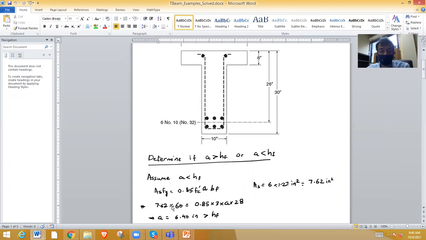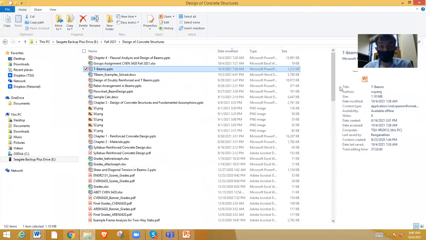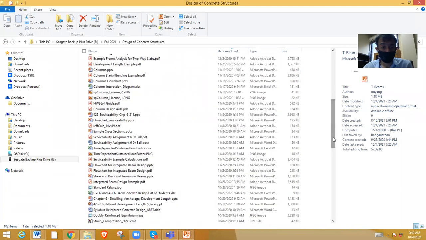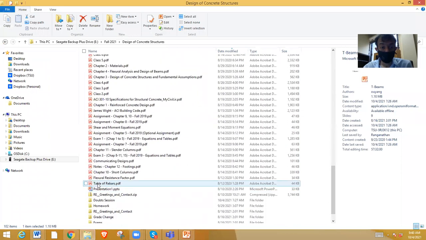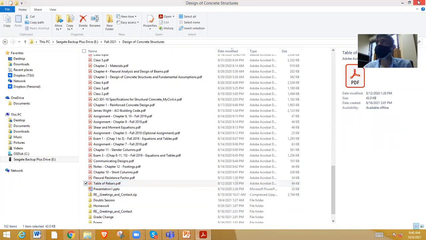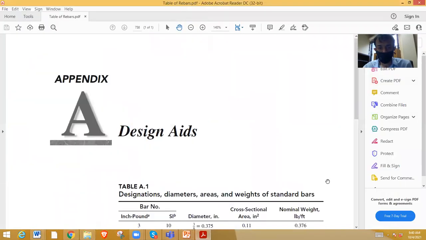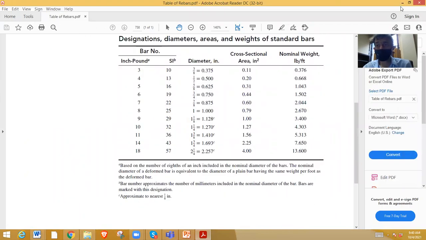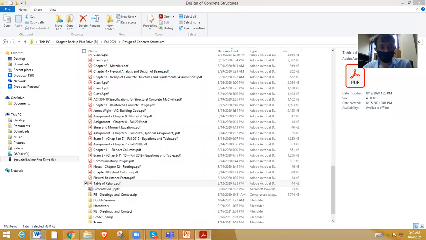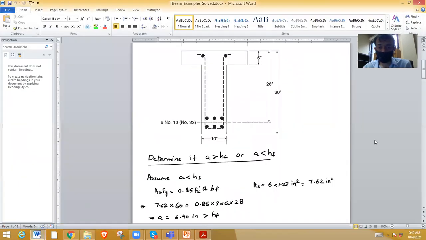Okay. So what is the AS? You have 6 number 10. So if you look up, 6 number 10, 1.27 times 6 is 7.62 square inch.